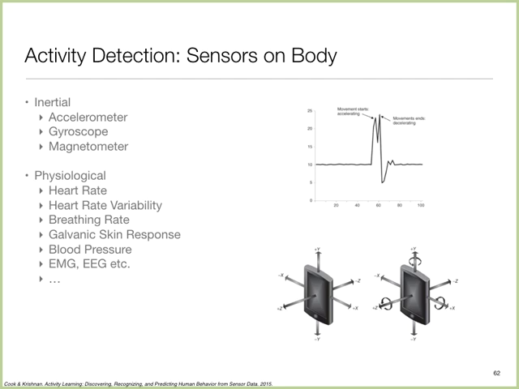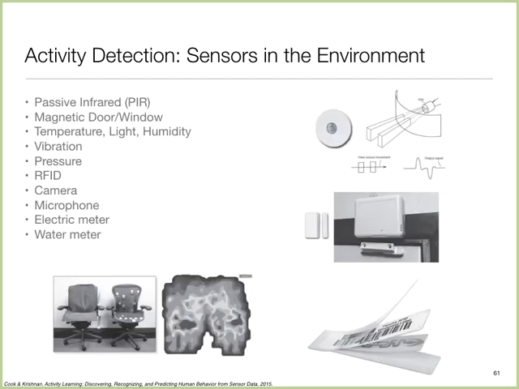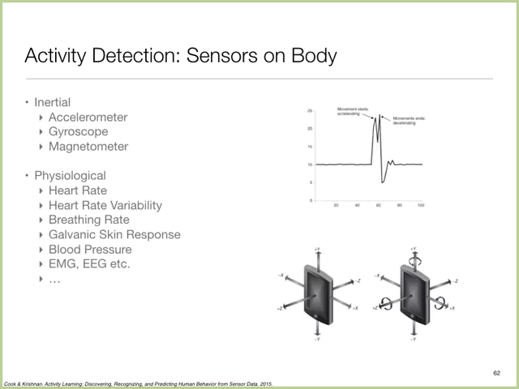So the advantage of the sensors in the environment is that, once instrumented, they will work for any individual who enters the place. The flip side, though, is that it's pretty costly to equip the entire world with these things. The sensors on the body are always there with us. So if the primary goal is to monitor a specific individual or a specific group of individuals, then this is a very cheap way.